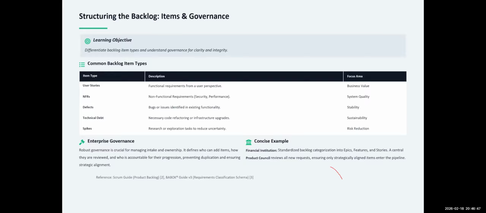So in your backlog, you have user stories, right? These are functional requirements from the user's perspective. For example, as an admin, I want to be able to do X, Y, Z so that W, Y, Z will happen, right? So user stories are part of the backlog. You can have 200 user stories, and everything goes into the backlog, because at that point in time you're not delivering it.